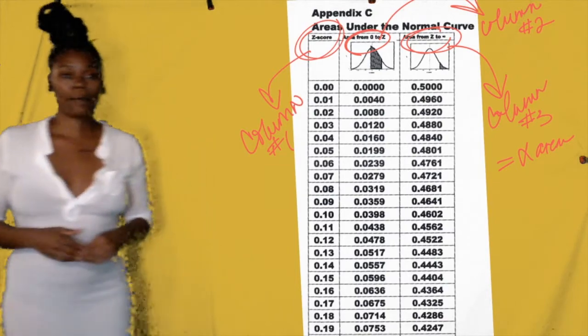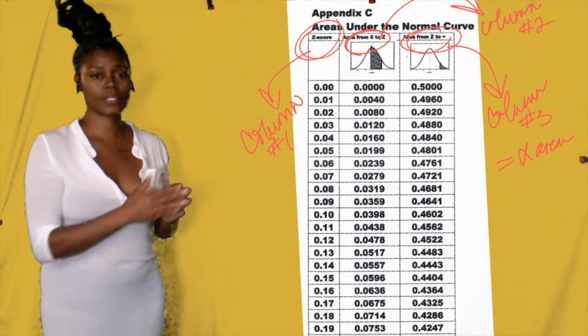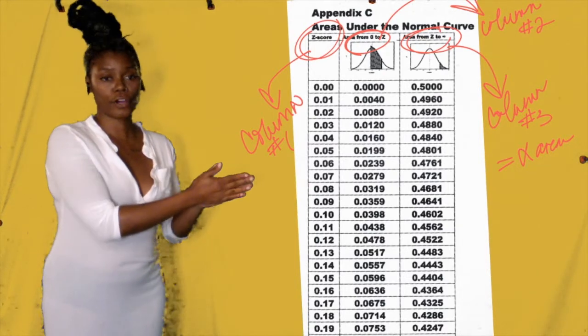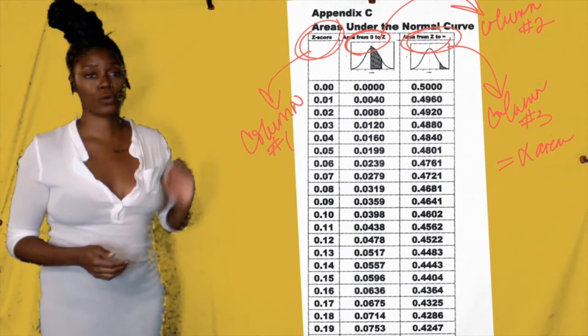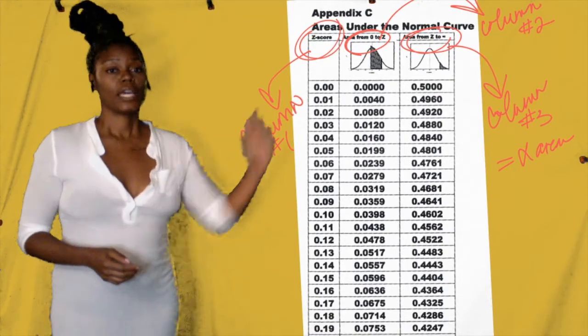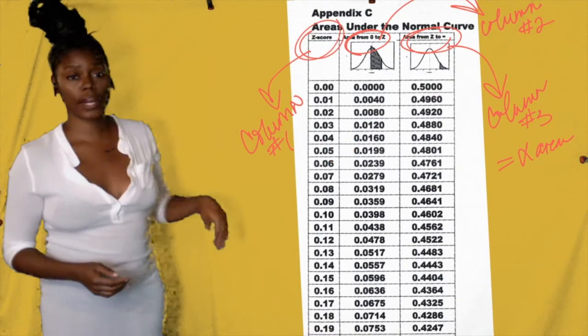Okay, you'll notice on this chart that there are 3 columns. We are really interested in the third column mostly. That is the area under the standard normal distribution from z to infinity. So the first column is the z-score itself.